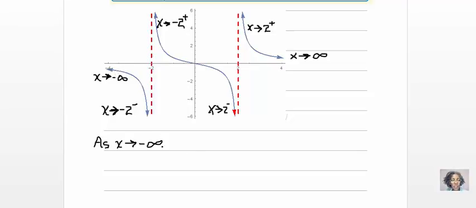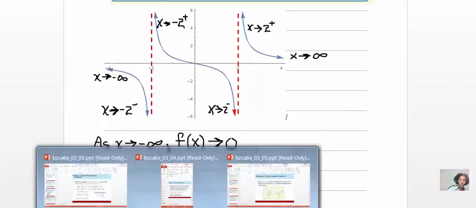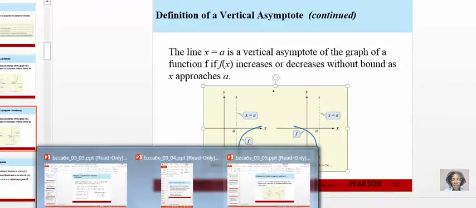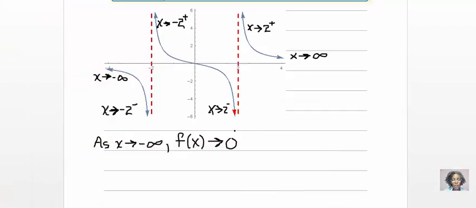That actually means f of x, which represents my y values, is going to 0.